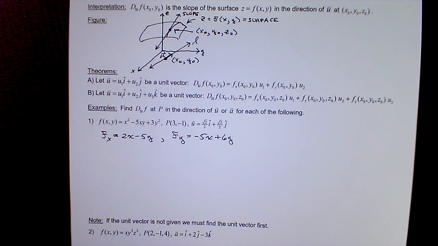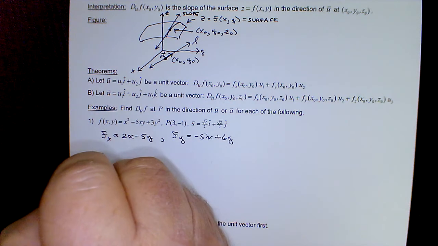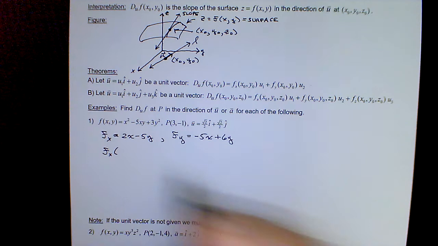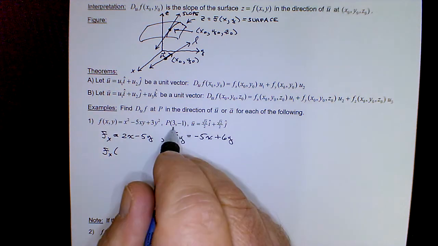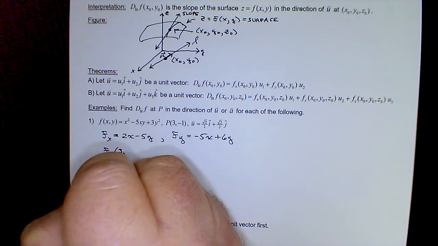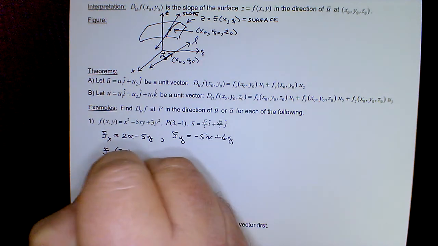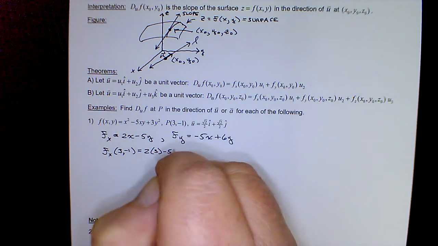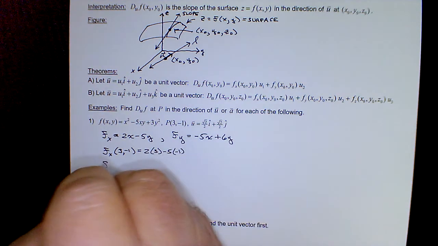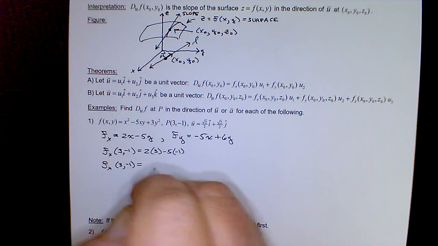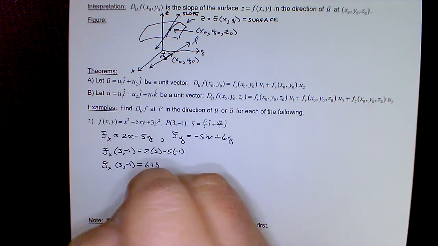So then it's advantageous at this point to actually evaluate before we substitute into our formula. We'll evaluate the partials at the given point. So f sub x at 3, negative 1 would be 2 times 3 minus 5 times negative 1, or 6 plus 5, or 11.